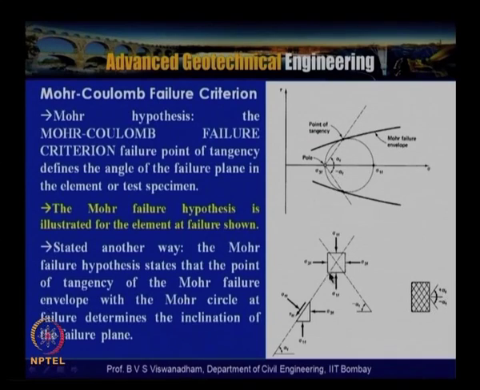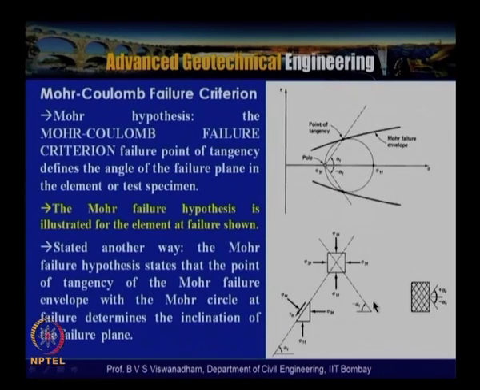You can see that these are the stresses tau ff and sigma ff, and these arise because of the major principal stress sigma 1f and minor principal stress sigma 3f. When we have homogeneity, there is a possibility that we also have the failure plane in this direction, which is parallel to this one.